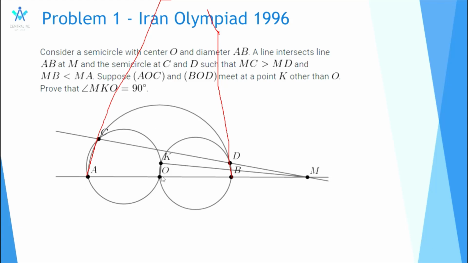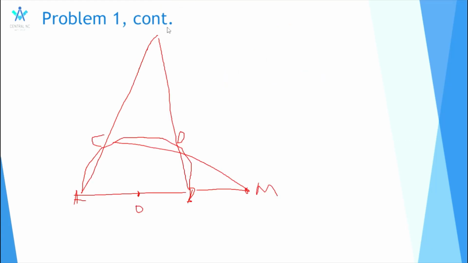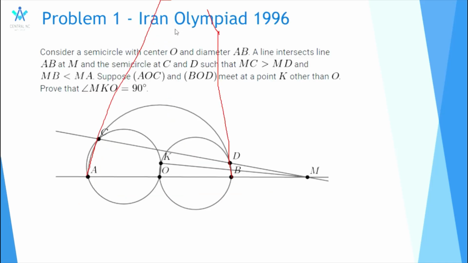And furthermore, K prime is actually going to be the intersection of AC and BD, because before it was the intersection of circles OAC and OBD, and intersections are preserved. So up here is K prime, and we'll draw in K prime here. We also have to involve M over here. What's going to happen to M?